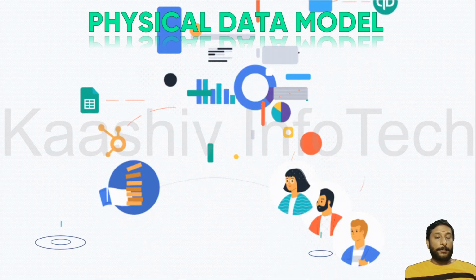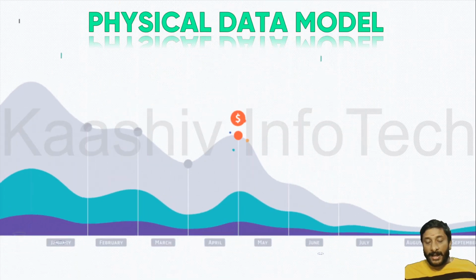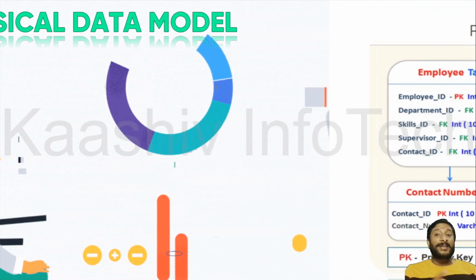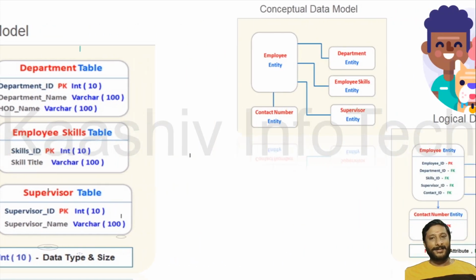In this physical data model we got the tables, we got the attributes, and from the attributes we are going to dig further. So attribute type, you can see it here. You got the employee table, you got the entity, you got the attributes, and you got the attribute type also. This is called the physical data model.